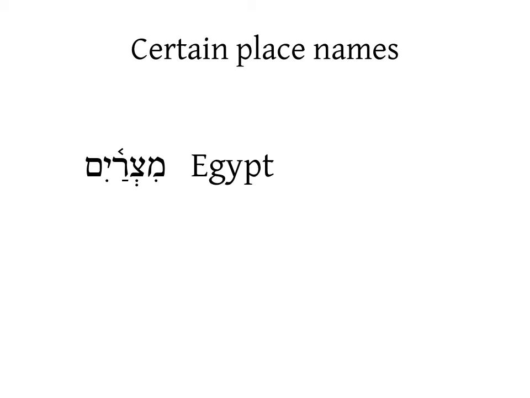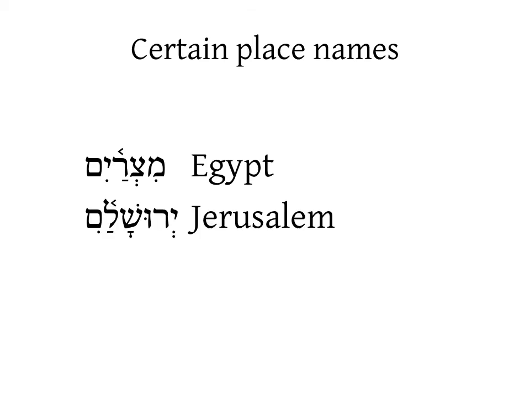Well, maybe. We don't know how it came about. But then we have the word Yerushalayim, which also has this ayim ending, and there's nothing dual or two about Jerusalem. So possibly even the word Mitzrayim for Egypt is just an ayim ending on a place name.